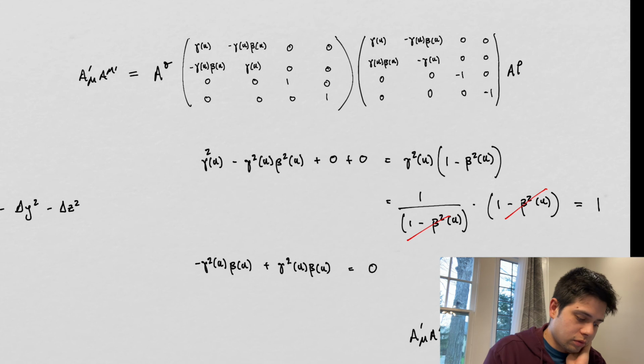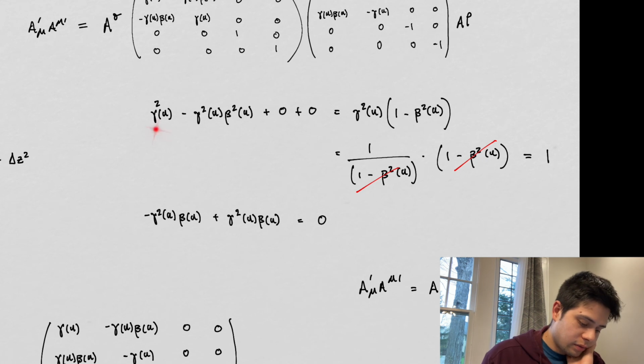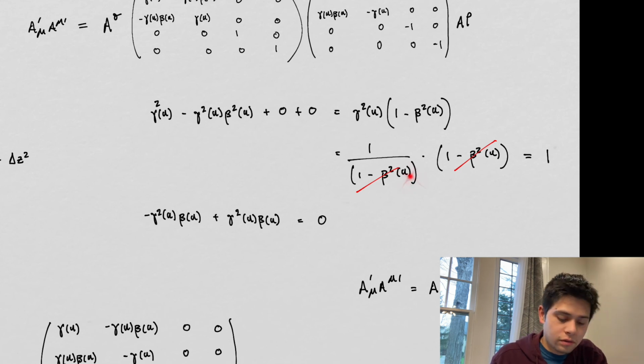And so we can do this matrix multiplication remembering the fact that when we get something like this, right, we can factor out gamma squared. And then gamma squared is, if you remember, 1 over beta squared, and so that's going to end up being 1.